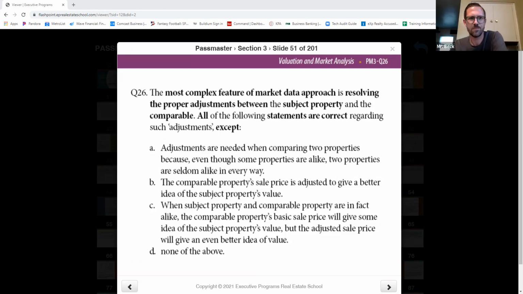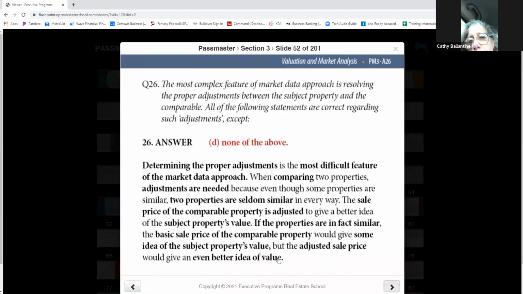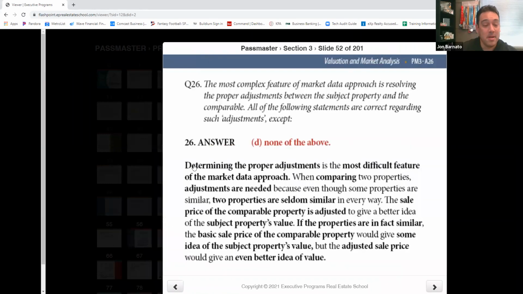I think A. A, we have an A. Yeah, I'm thinking A. Let's see, except, this is an exception. So let's see. It is D, none of the above.